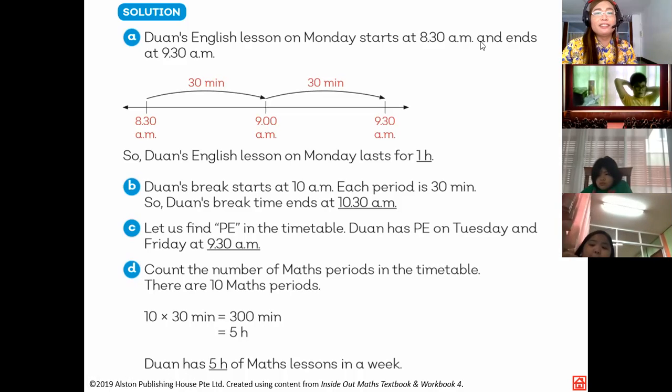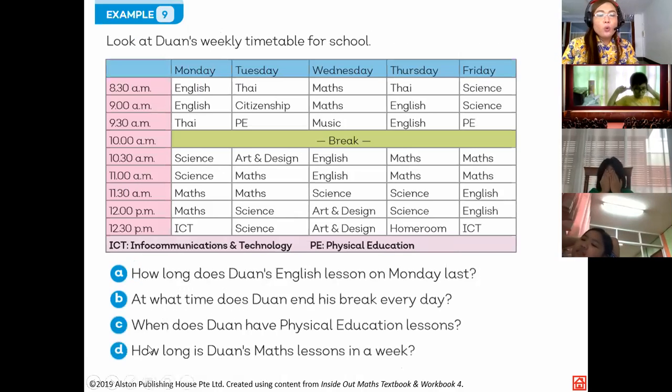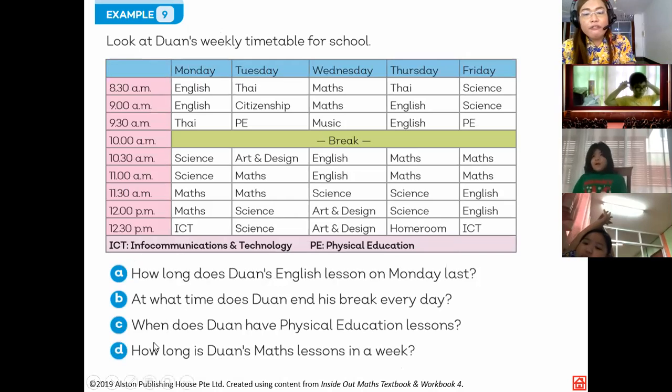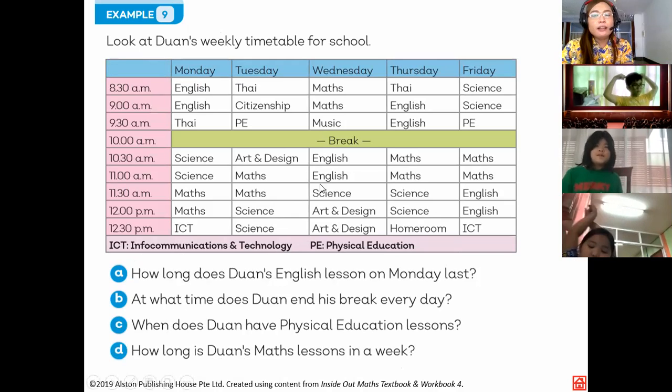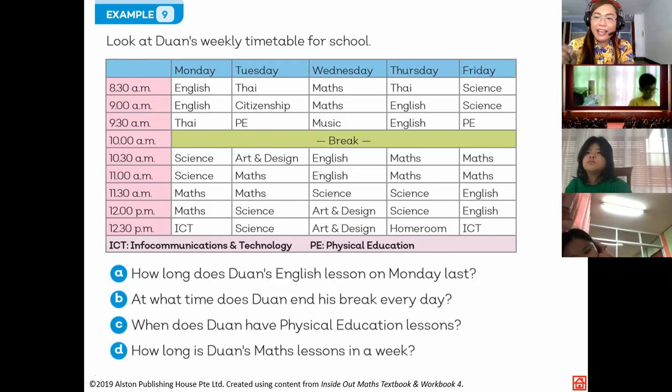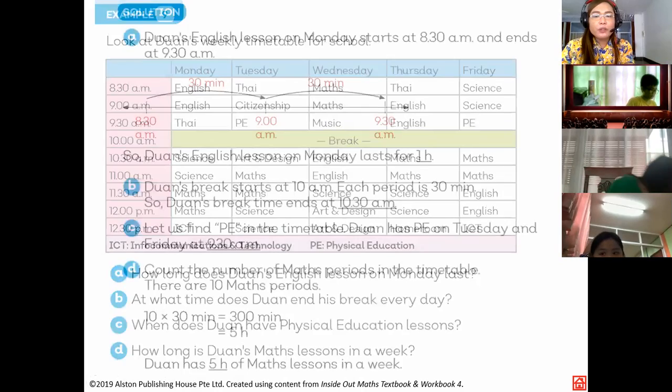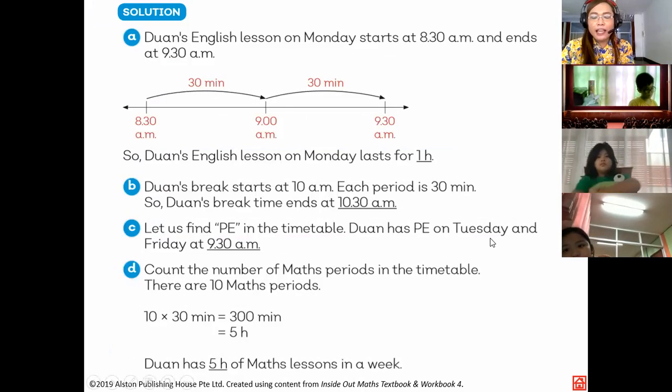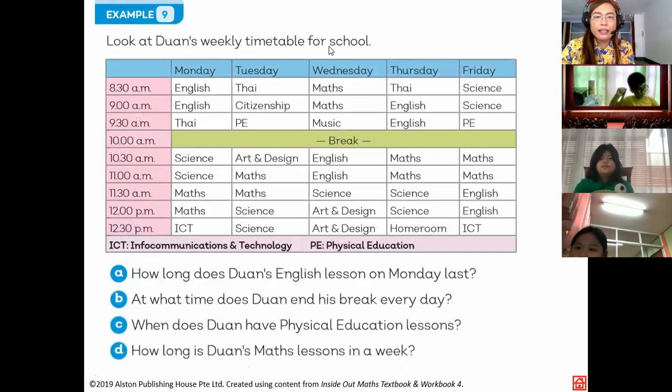Okay, very good. All right, letter C. The question for letter C is, when does Duan have physical education lessons? So what is the time and what is the day? Tuesday and Friday.